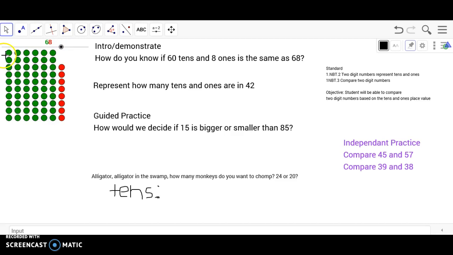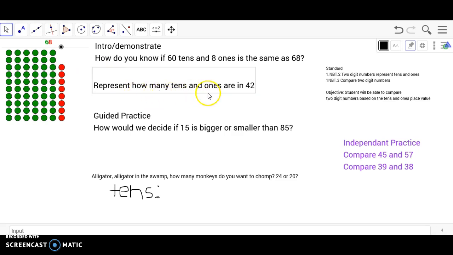You can see that we have 1, 2, 3, 4, 5, 6 groups of 10 because 6 is in the tens place. And we have an 8 in the ones place, so we have 8 ones. This is how you know that 6 tens and 8 ones is the same as the number 68.